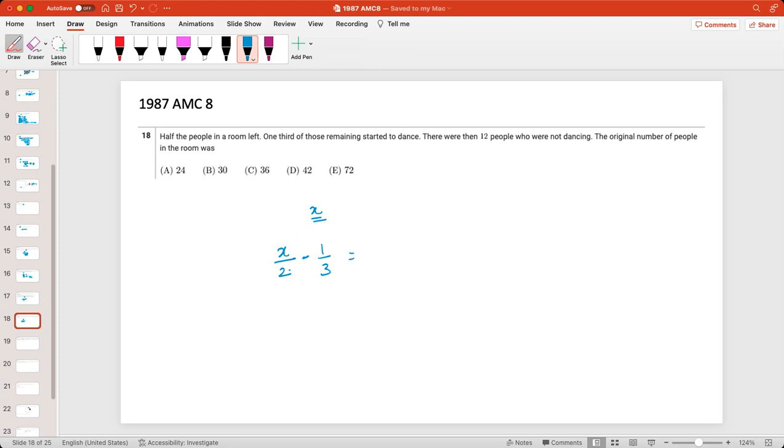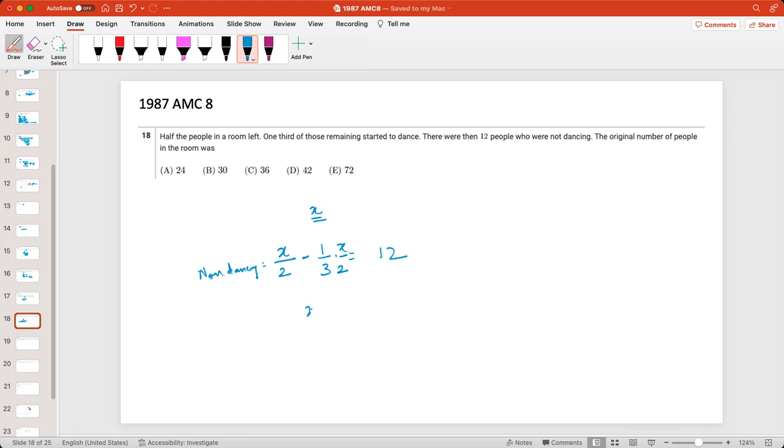X by 2 is the remaining people in the room, of which 1 by 3 were dancing, which we have to subtract. So 1 by 3 into X by 2 is the people dancing. We reduce that to get the non-dancing number. So these are people non-dancing, and we know that this is equal to 12.